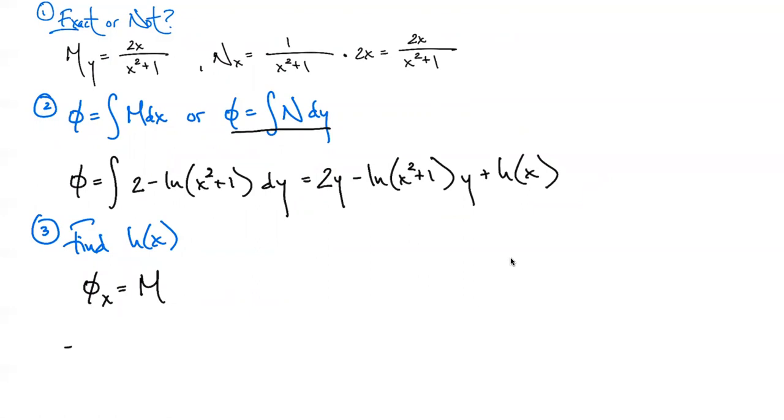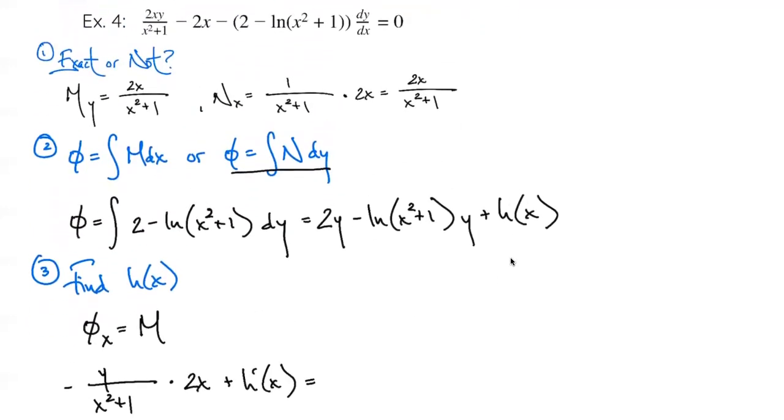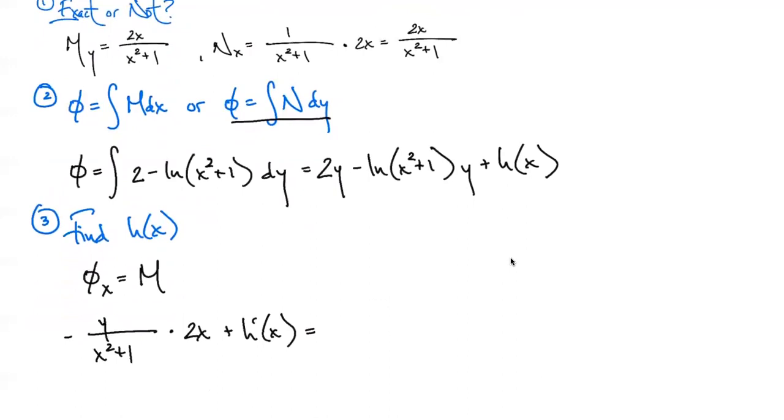Well, we need to take care of that. So that'll be y over x squared plus 1 times 2x, plus our h prime of x, and that should equal our original expression for M, which is 2xy over x squared plus 1.